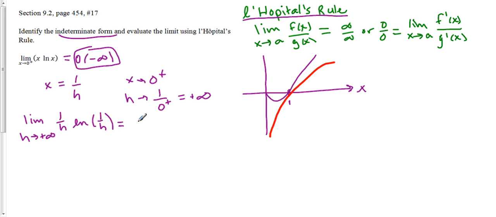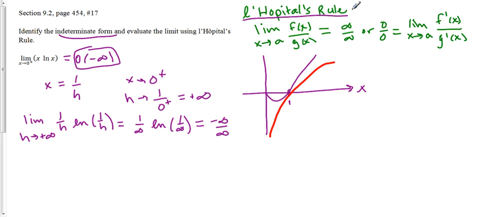Well, this is going to give me 1 over infinity times the natural log of 1 over infinity. So this is going to be taking the natural log of 0, and as we take the natural log of 0, we're going to end up at negative infinity. So this is going to give me negative infinity over positive infinity, and that fortunately is an indeterminate form that I can apply L'Hopital's rule to.